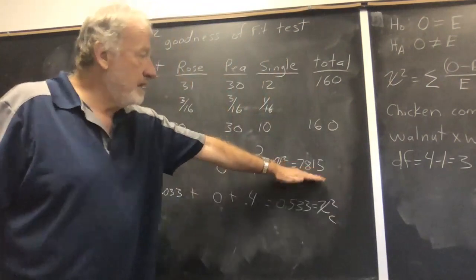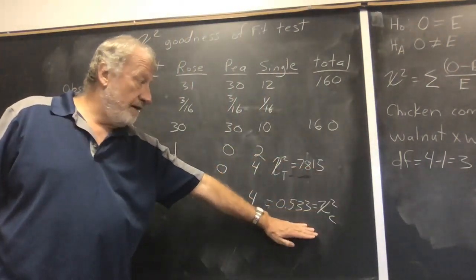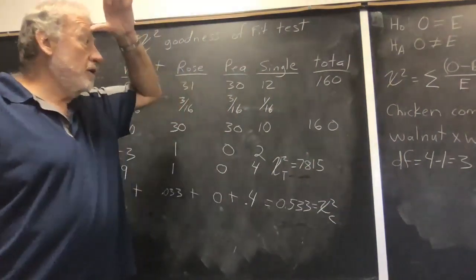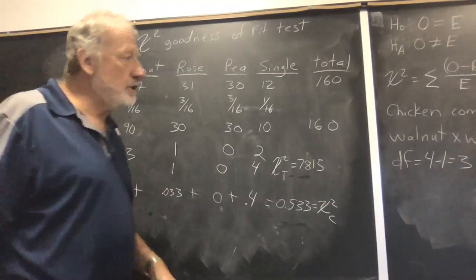See that our value from the table, 7.815, is larger than the value we calculated, 0.533. So that means we failed to reject our null hypothesis. So that is our conclusion.